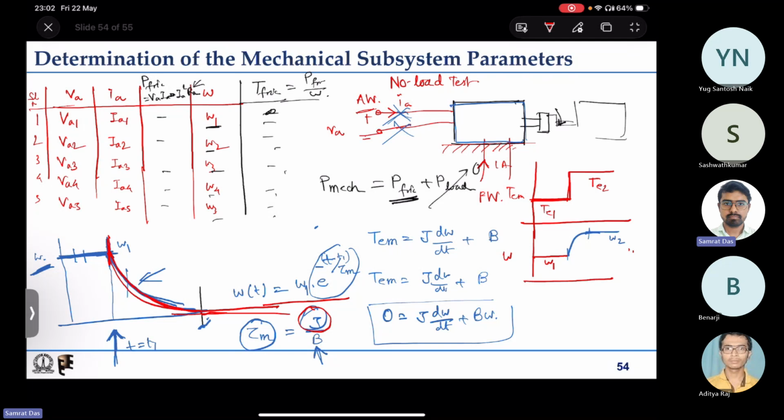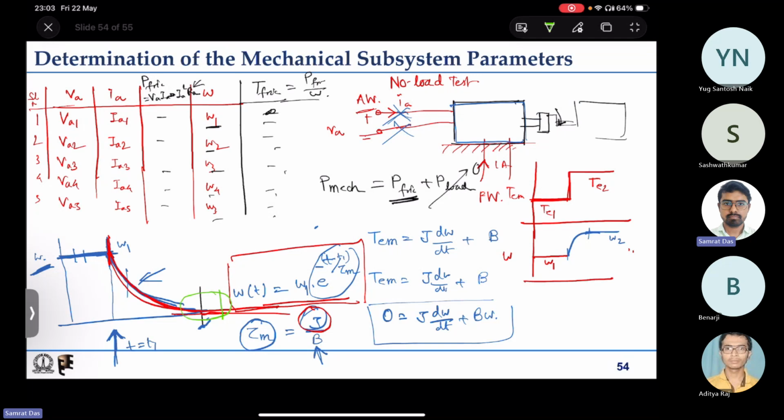So the deceleration test is a little bit tricky. If you are fitting the exponential decay type of plot to the experimentally obtained one, you have to fit it within some window. You cannot fit it up to the time where the speed comes to zero, because very close to zero speed there may be some non-linearity which may distort the actual curve from the ideal one.